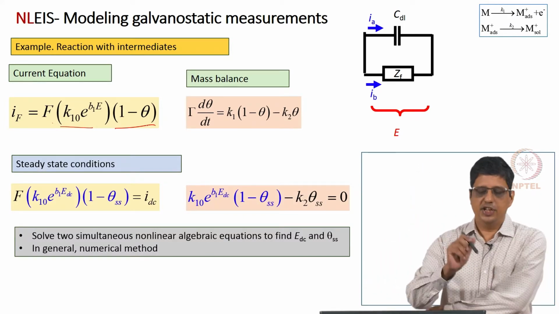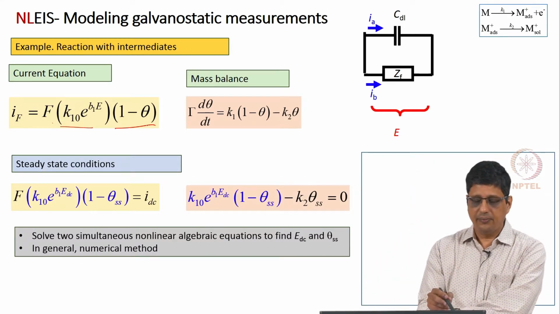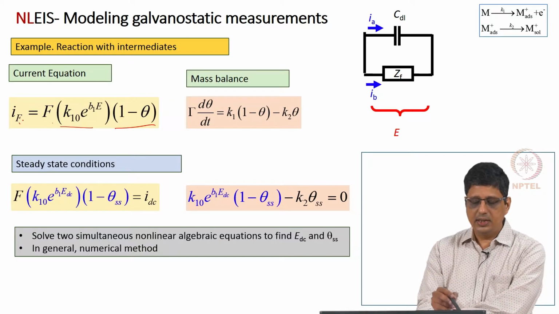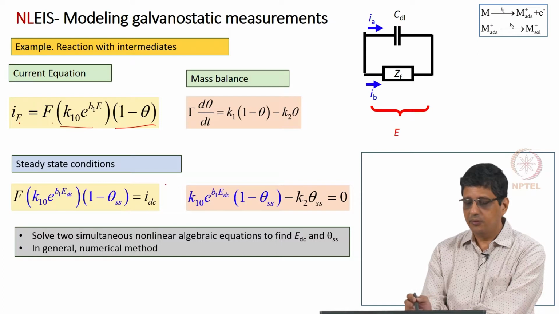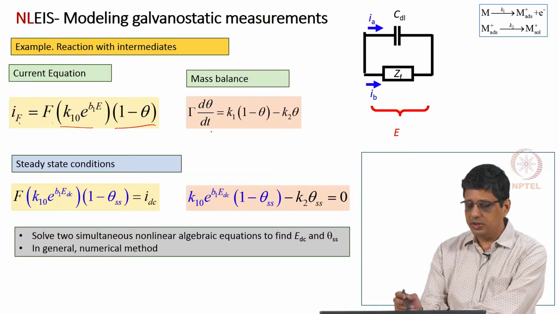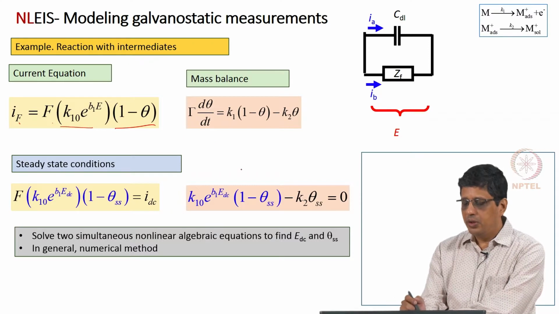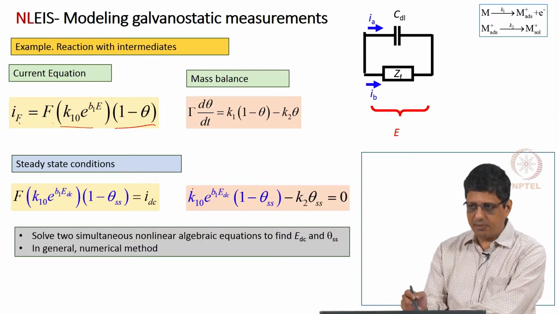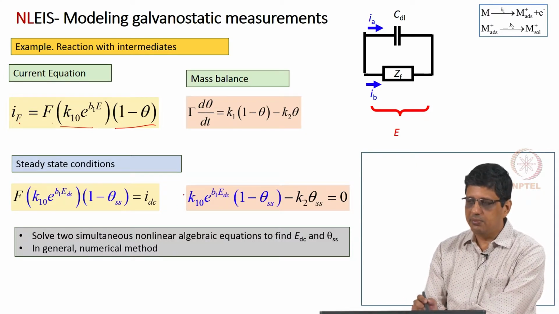Under steady state condition, we replace E by EDC, I by IDC. This of course under steady state condition d theta by dt goes to 0. In this particular example, it is possible to rearrange this and write a clear expression for EDC.